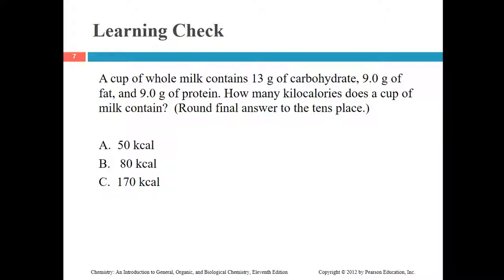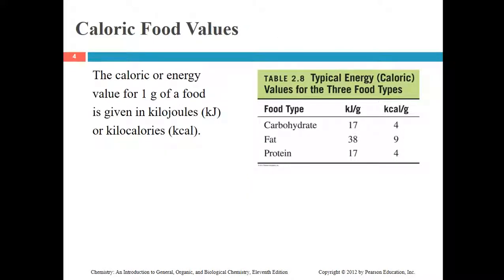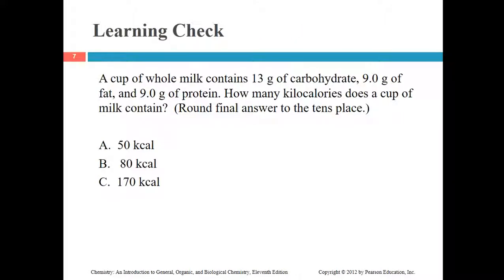So we can convert from 13 grams of carbohydrate, we can convert from 9 grams of fat, and convert from 9 grams of protein by using those values back in the chart right here. So let's come back to this problem now. Okay, so pause it, see if you can do it.